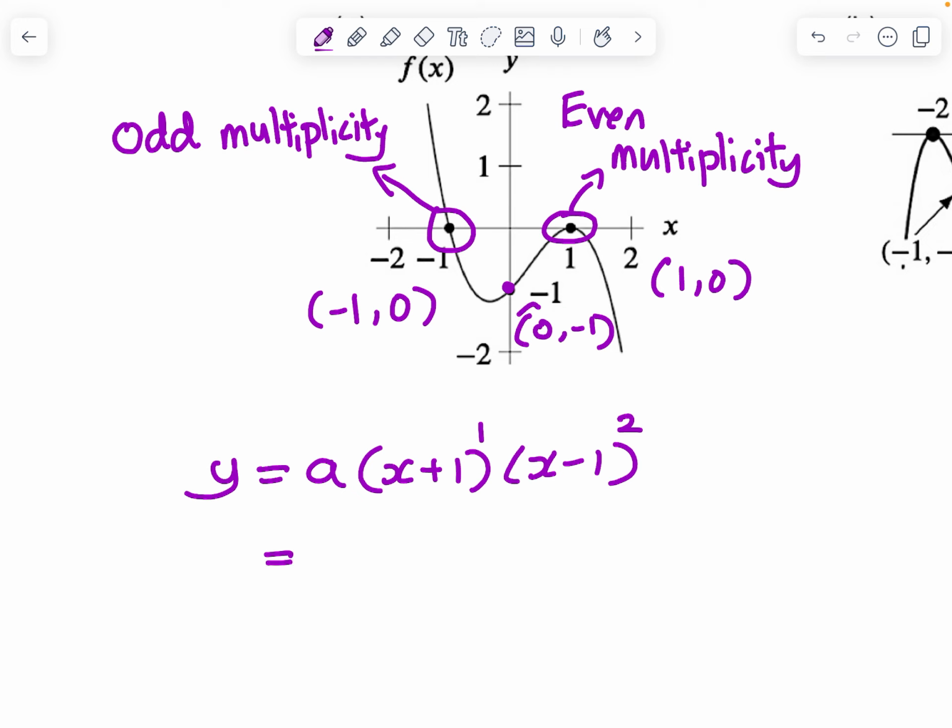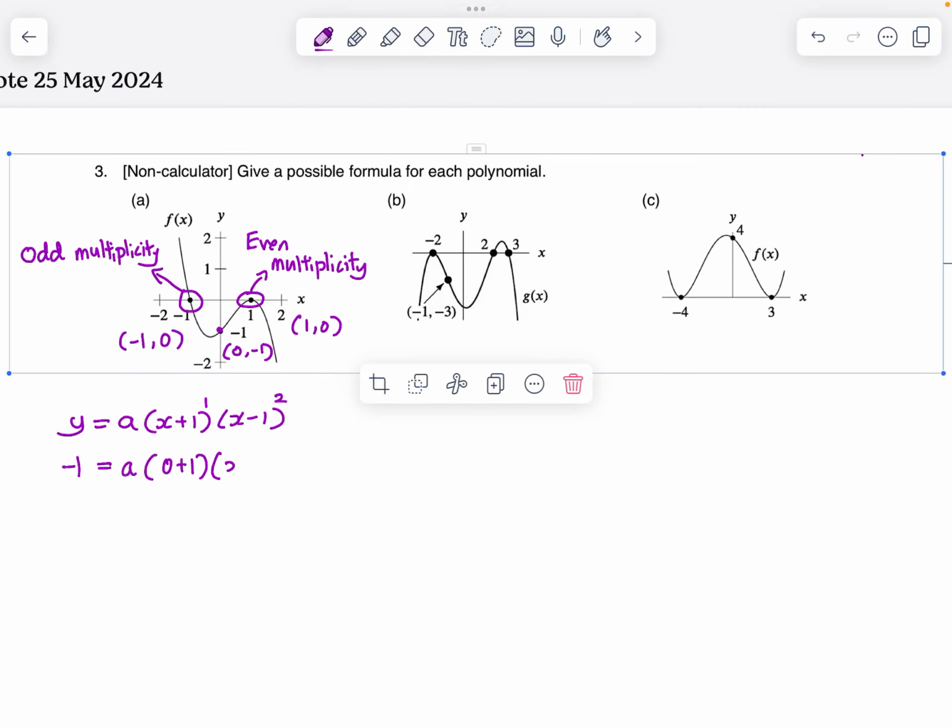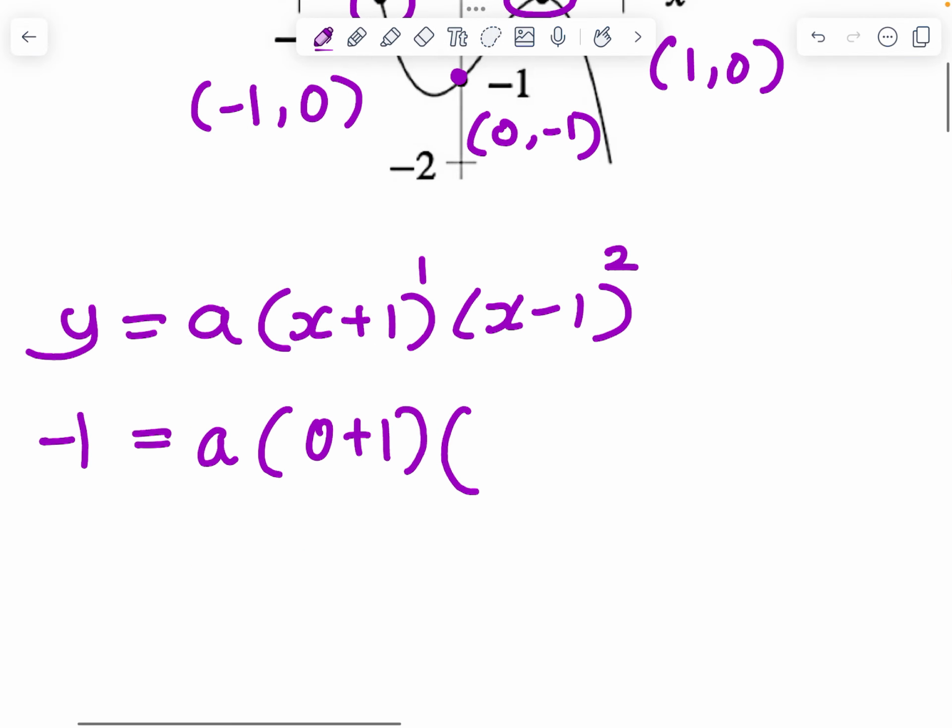So I know that y is equal to -1, and x is equal to 0, so 0 plus 1 to the power of 1. I can just leave it like that. And 0 minus 1 squared.